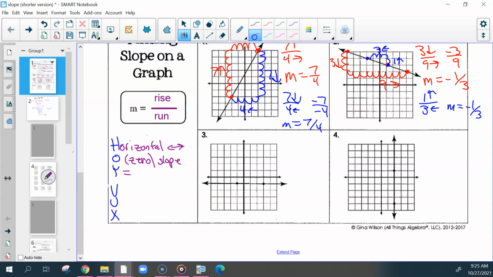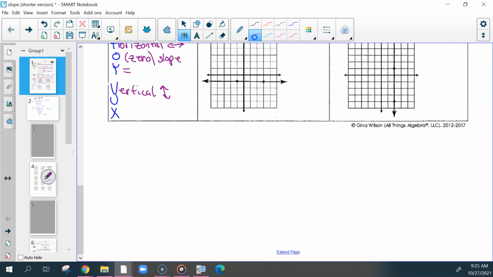Again, that part will make more sense later. And then these are vertical lines. So up and down. Vertical lines have undefined slope.